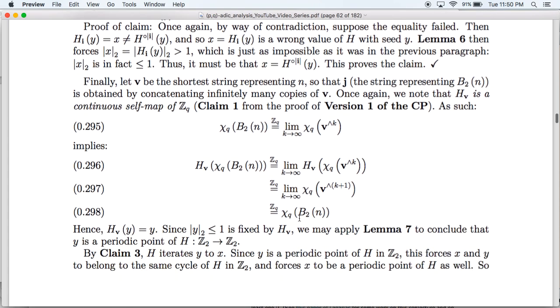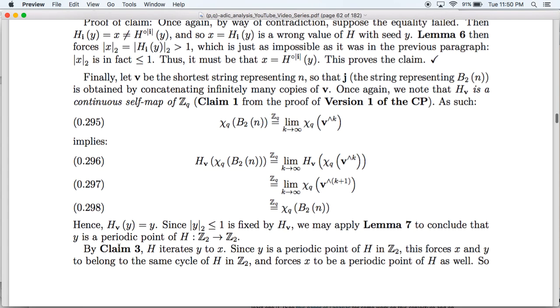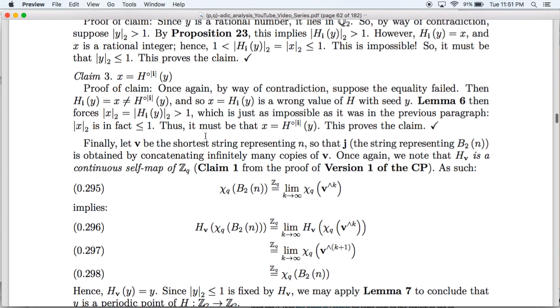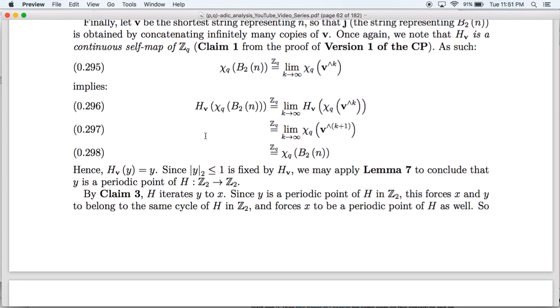So what we've now shown is that y is a q-adic integer which is a periodic point of h. By claim 3, h iterates y to x. So we have that x is a rational integer which is a periodic point, and y is a rational number, which is a q-adic integer, which is a periodic point.